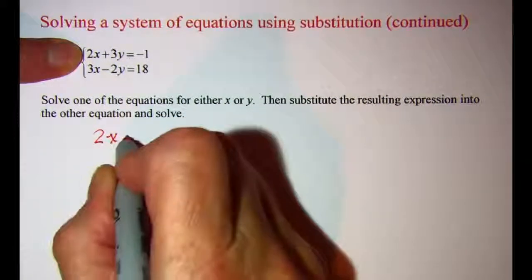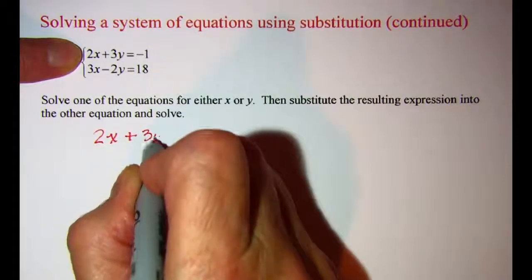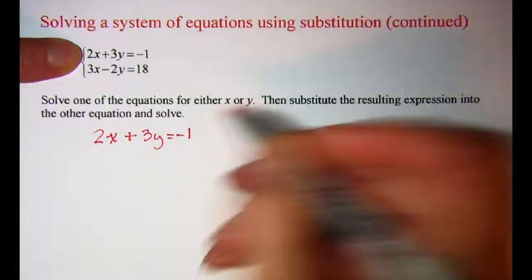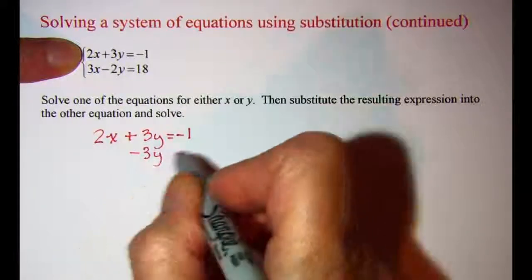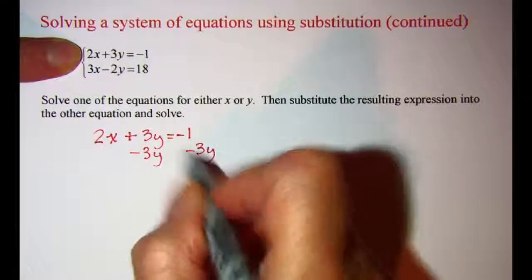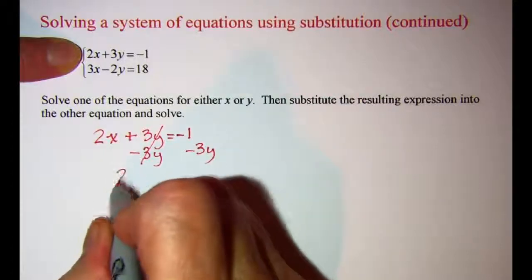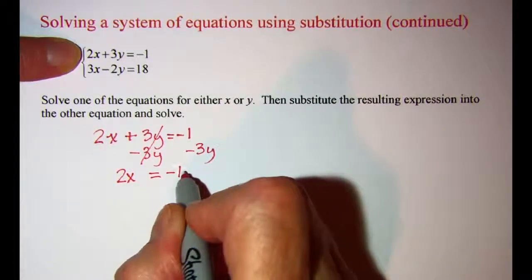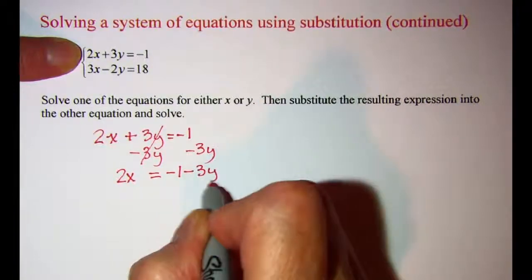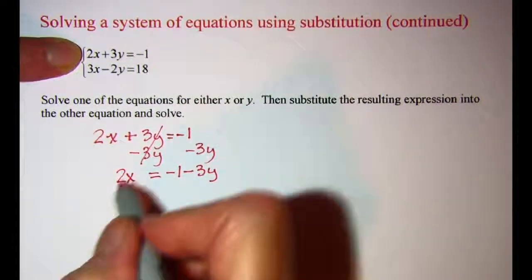So let's just write the first equation. Subtract 3y from both sides. So now I have 2x equals -1 minus 3y. And then I need x by itself.